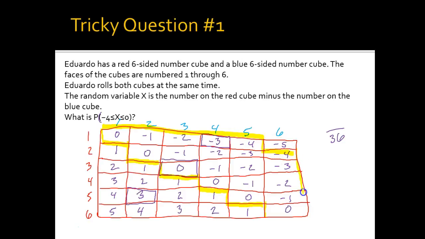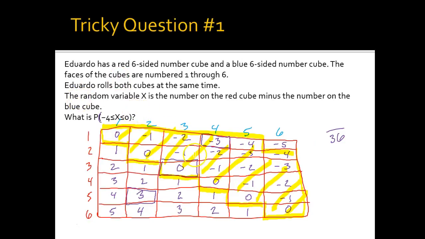Okay, so I've really just highlighted that all in, and you can see that those are the squares that we're looking to find. Those would be our successes. And so when we say what's the probability, we're saying what's the chance we're going to get one of those squares out of the 36 possible squares. So we add all these up.